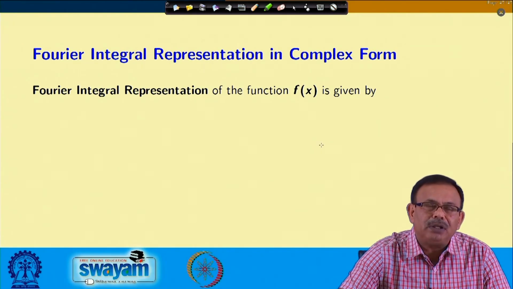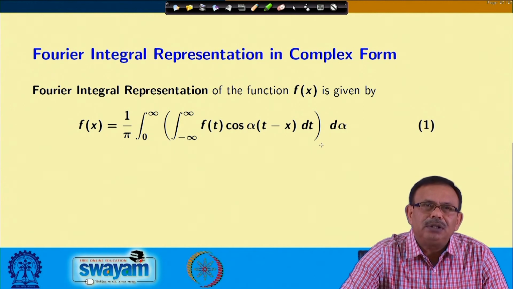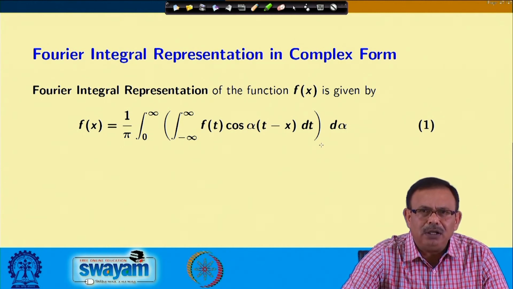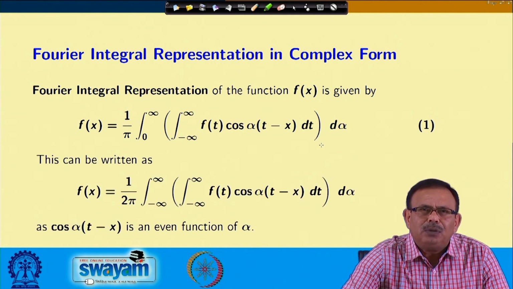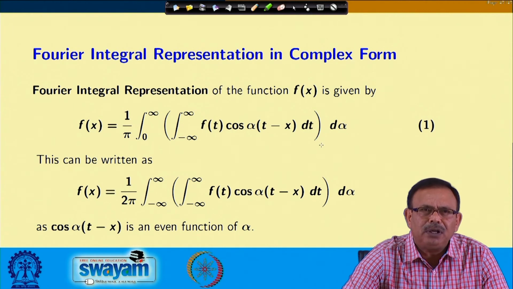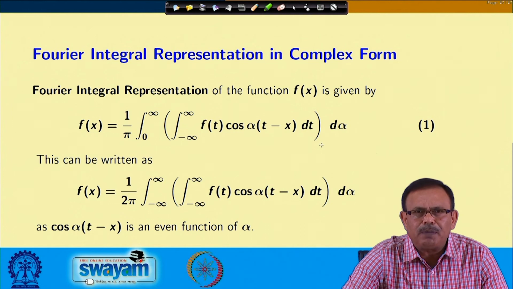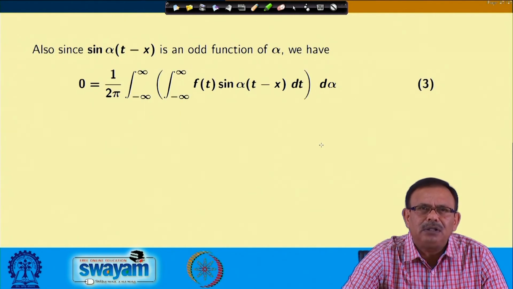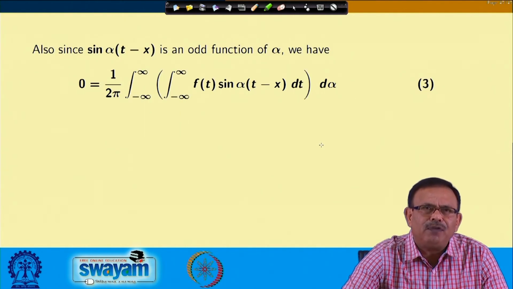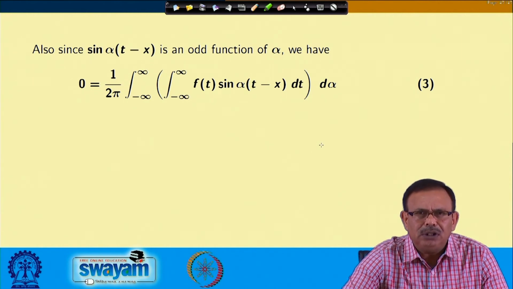The Fourier integral representation of the function f(x) is this one, as we have done earlier, f(t) into cos of alpha into (t minus x), which can be represented from minus infinity to infinity, because cos of alpha (t minus x) is an even function, from the properties of definite integral. Also, sine of alpha (t minus x) is an odd function, so the value of that integral will be 0.